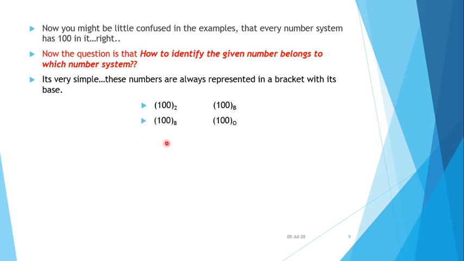Then octal, it is 100 in octal, this is capital O. Then this 100 is in decimal, capital D, and then this 100 is in hexadecimal, right?